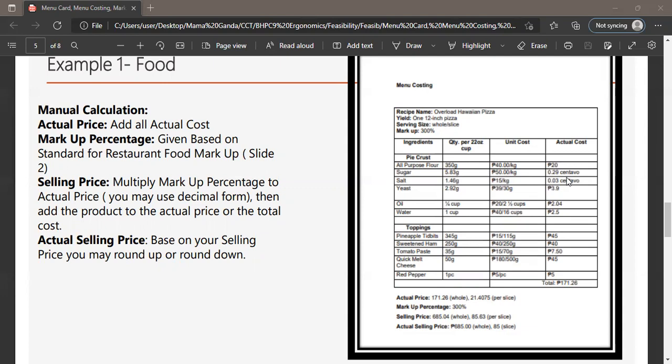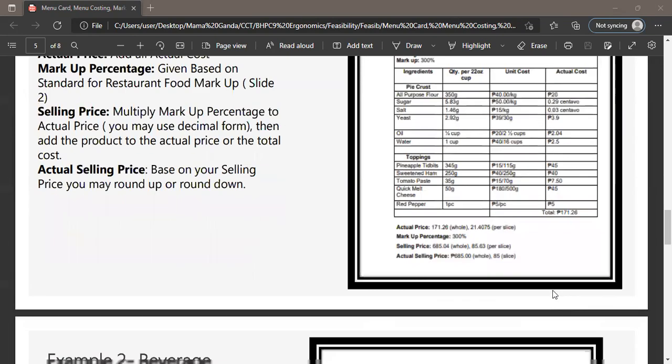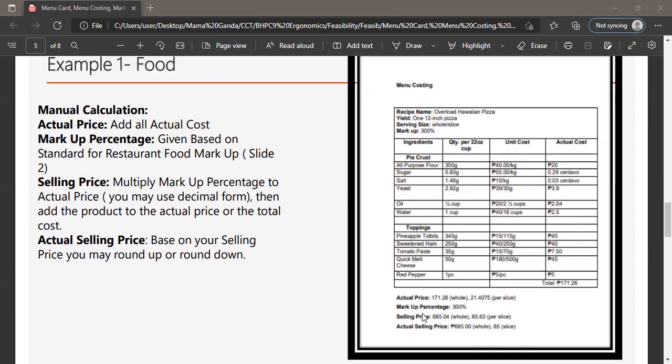That's why you came up with 0.29 centavo and so on. When you are done computing the actual cost of every ingredient, you are going to sum all of those actual costs that you have computed. And then you have the total actual cost of 171.26.